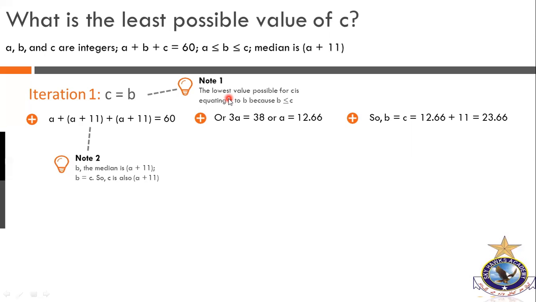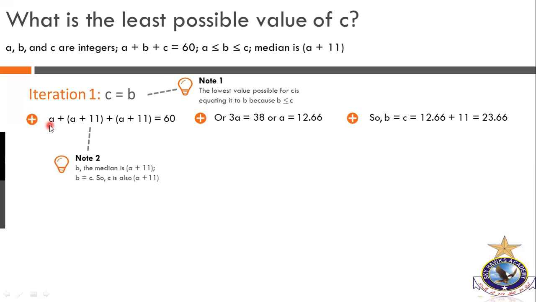Are you getting this? So from here, note one is that because C is equal to B, this is the least value of C. So what we can write over here is that A plus the second, actually this is 60, and you know how we have reached here, so no need to explain this.